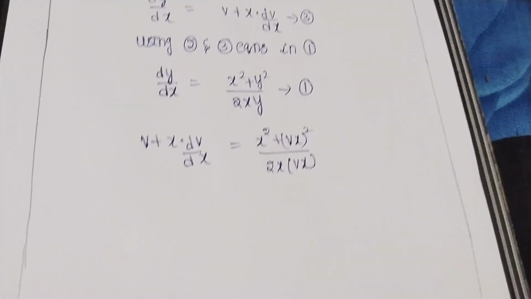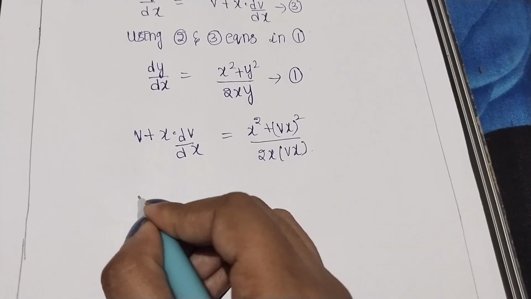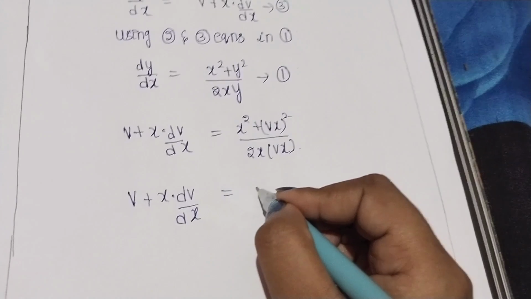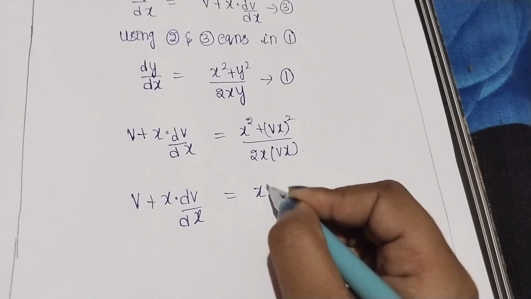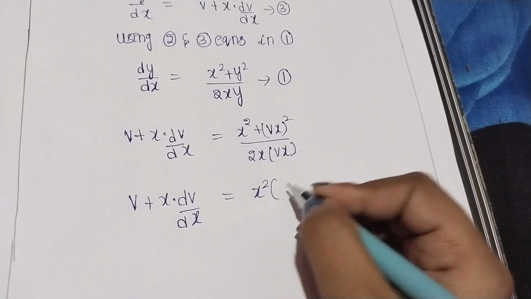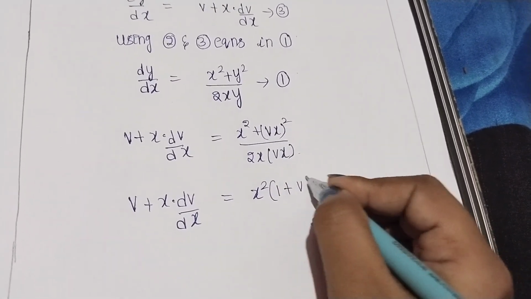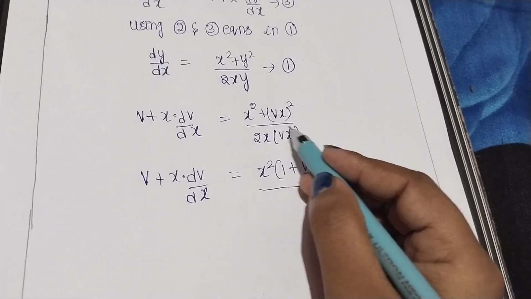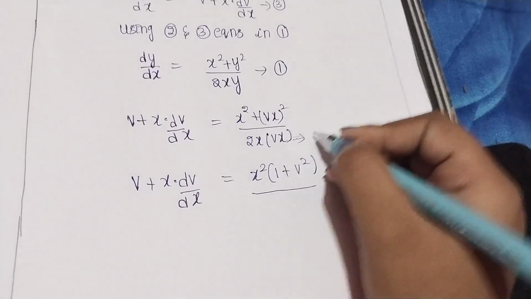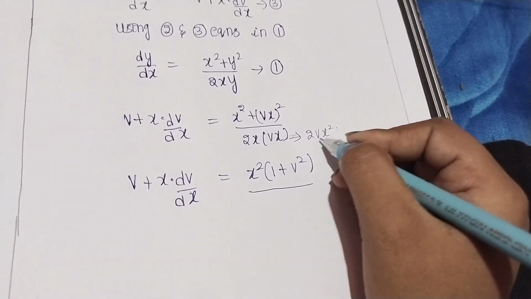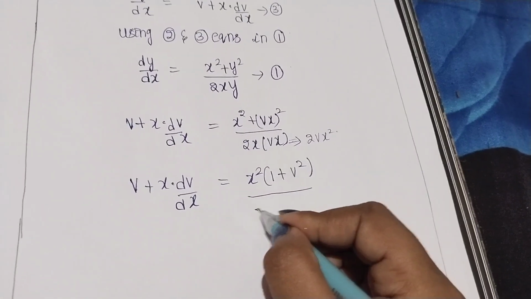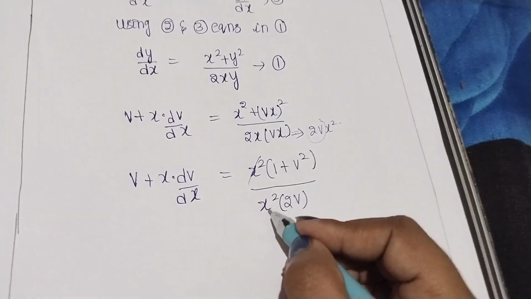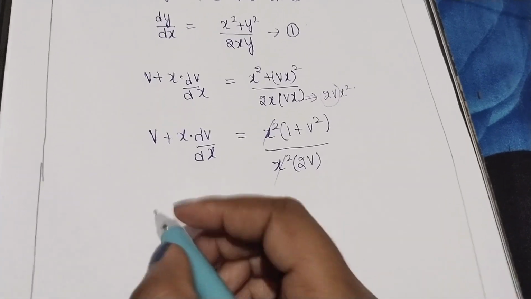Now let's simplify this term. V plus x into dv by dx equals, taking x square common from the numerator, 1 plus v square. From the denominator also we can take x square common, and the leftover term is 2v. Let's cancel the x square terms.